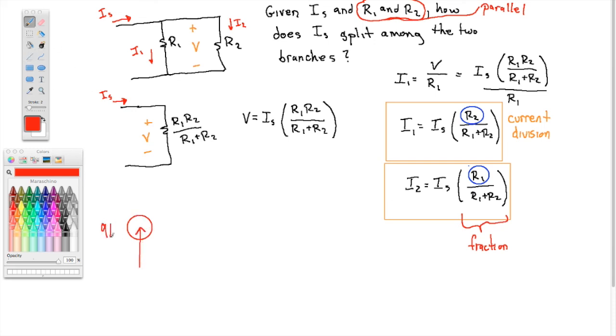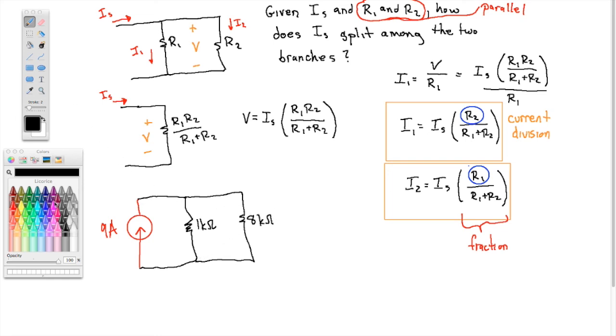Let's say I have 9 amps. And I have a 1 kilo ohm resistor here, and an 8 kilo ohm resistor here.